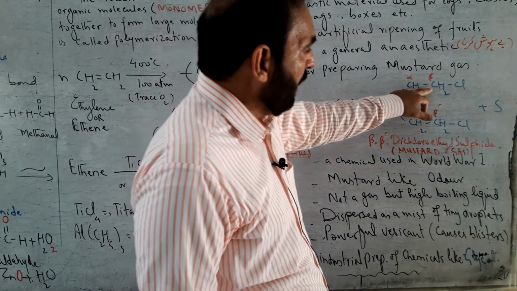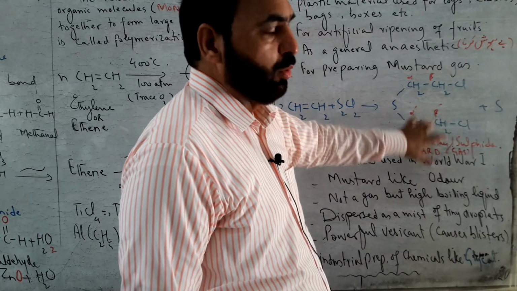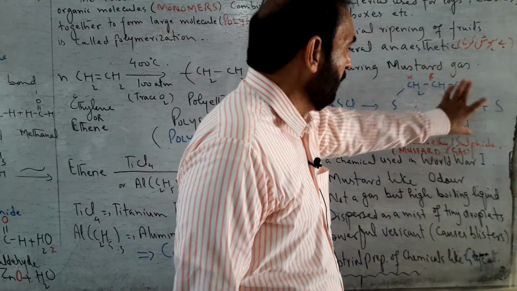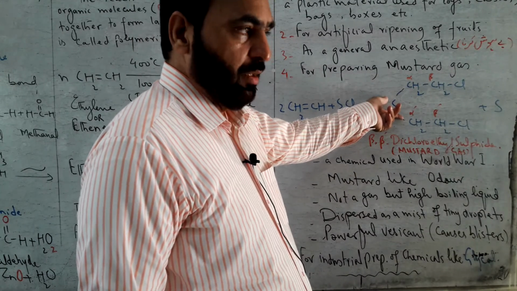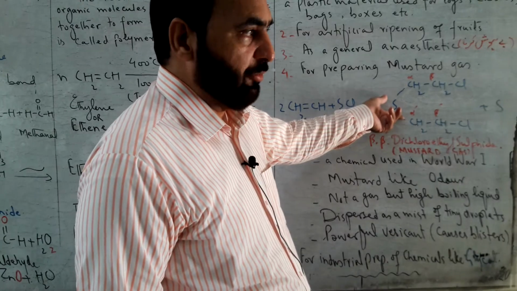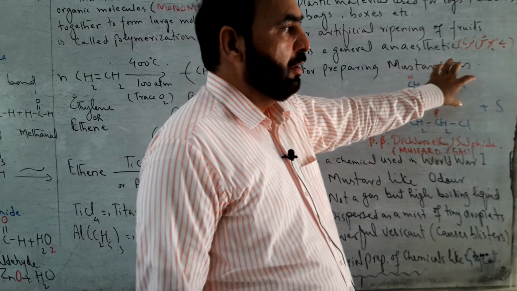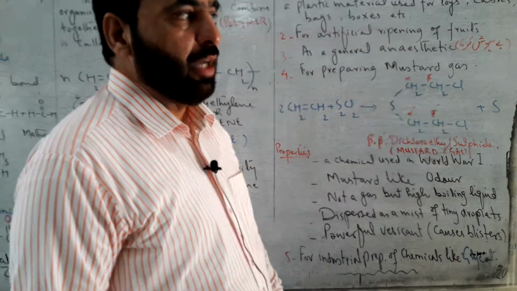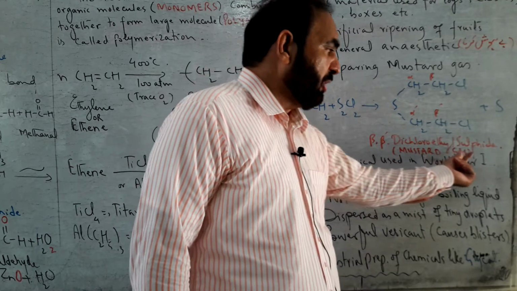So these are beta, beta' dichloroethyl sulfide. Sulfur is sulfide, as H2S is hydrogen sulfide. The 2 hydrogen atoms are replaced by chloroethyl groups. So this is beta, beta' dichloroethyl sulfide, which is given special name as mustard gas.